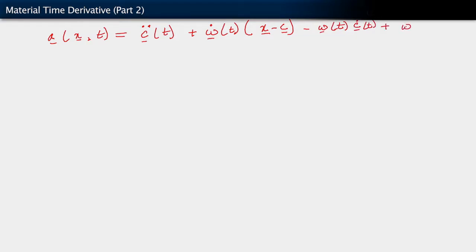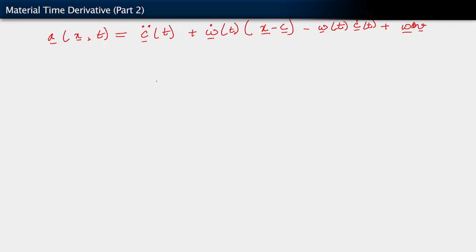And what we see now is that for our Eulerian acceleration, we have c double dot function of time plus omega dot function of time x minus c minus omega function of time c dot function of time plus omega v, okay, omega function of time v.